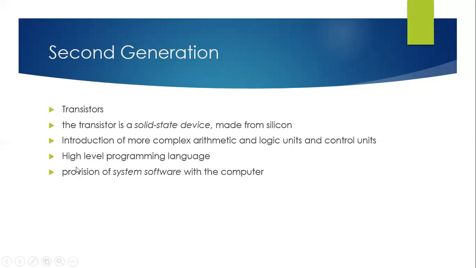And from second generation, use of high level programming language was continued, and provision of system software with the computer. So nowadays your computer comes with an operating system. That started from the second generation computers, some kind of system software.